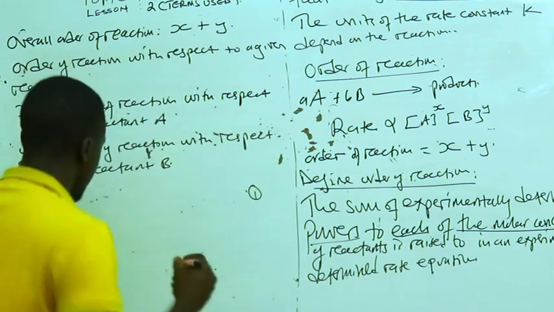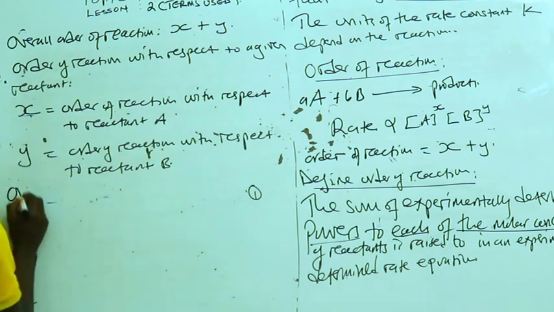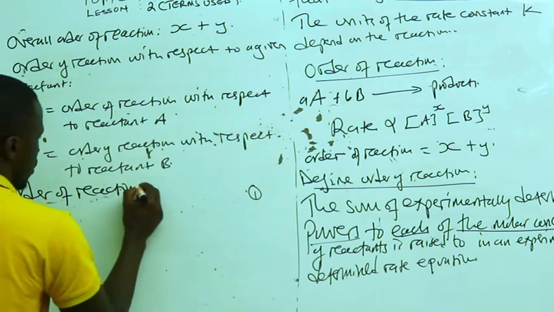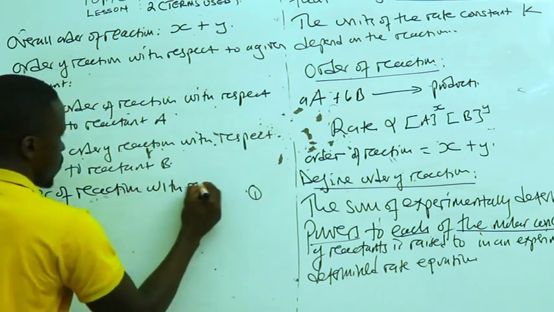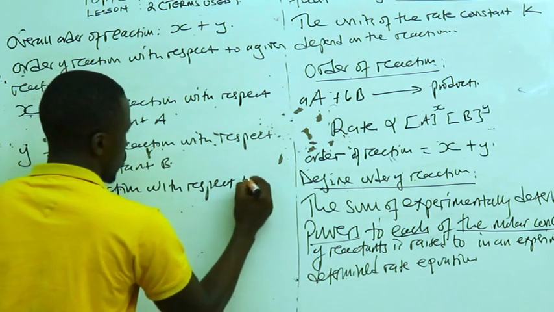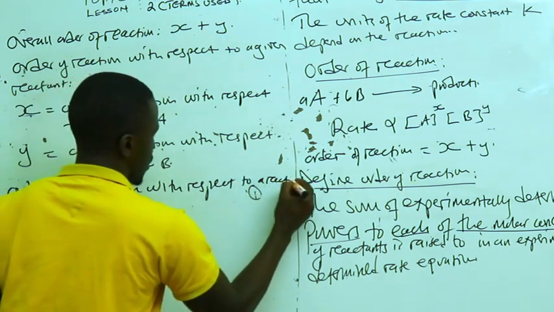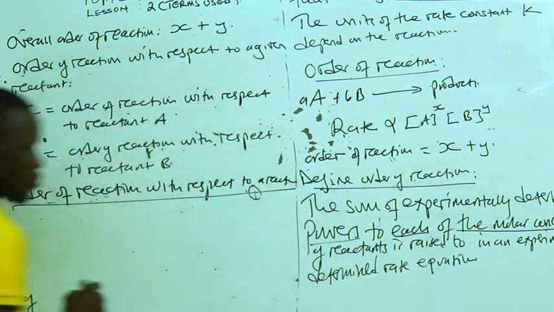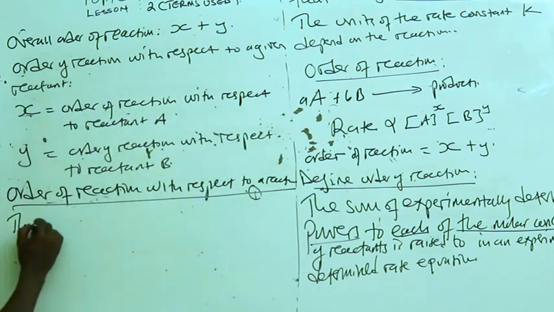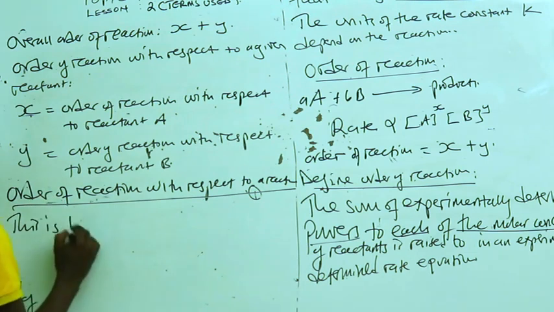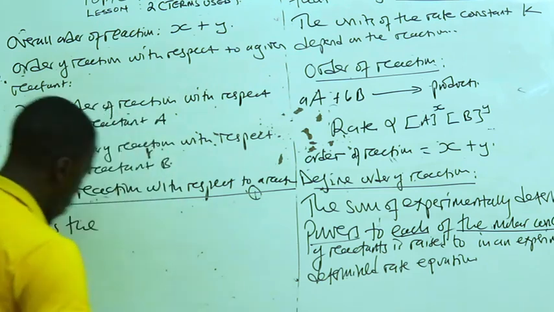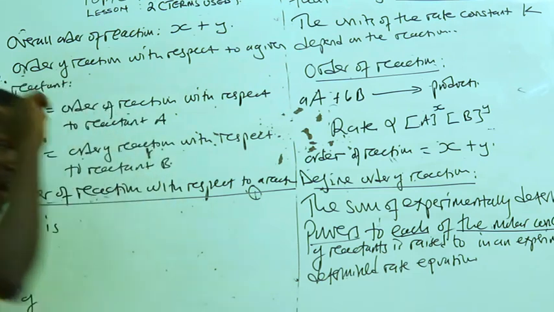So if they said order of reaction with respect to a reactant, then you will be saying that this is an experimentally determined power. It is now only one.